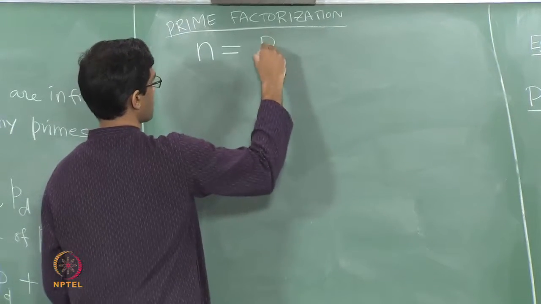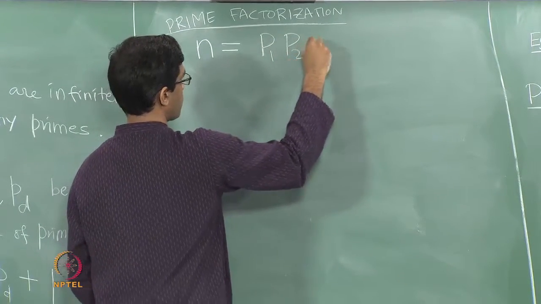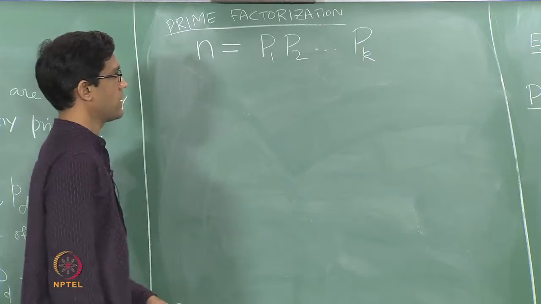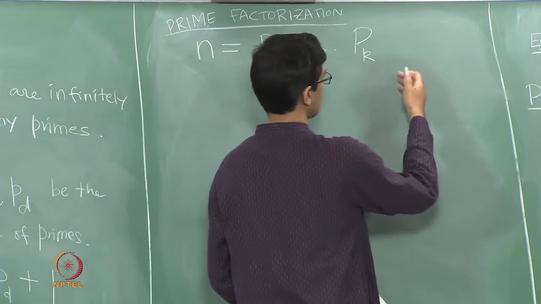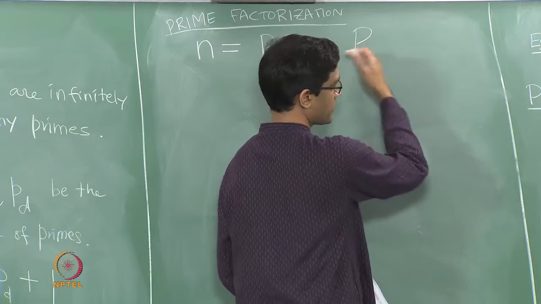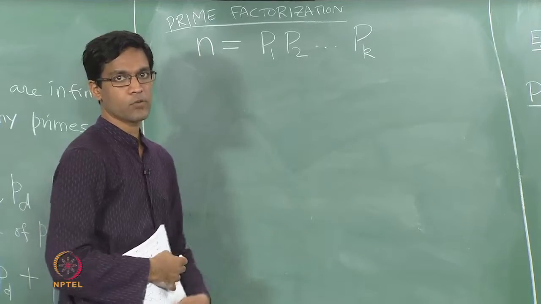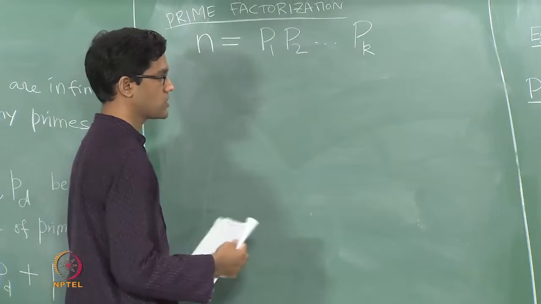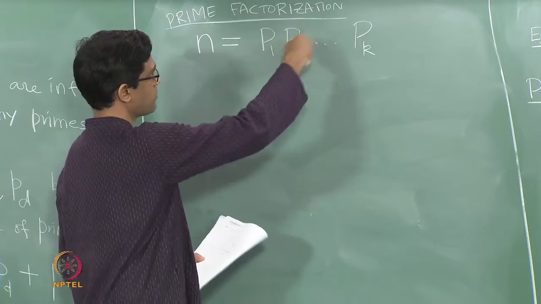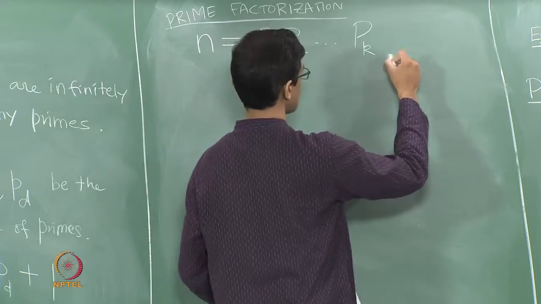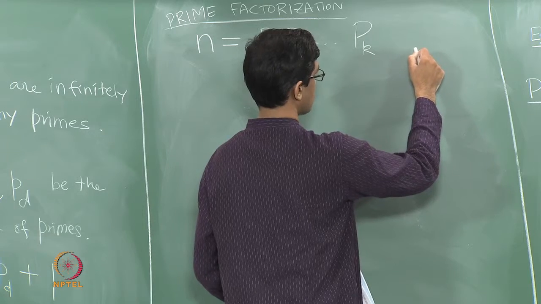We write n as capital P1, capital P2, till capital Pk, where all the Pi's are primes. There could be repetitions when you write down prime factorizations, as we just saw when we talked about 630 and 60 and so on. Some of these could be repeating, but that doesn't matter for us.